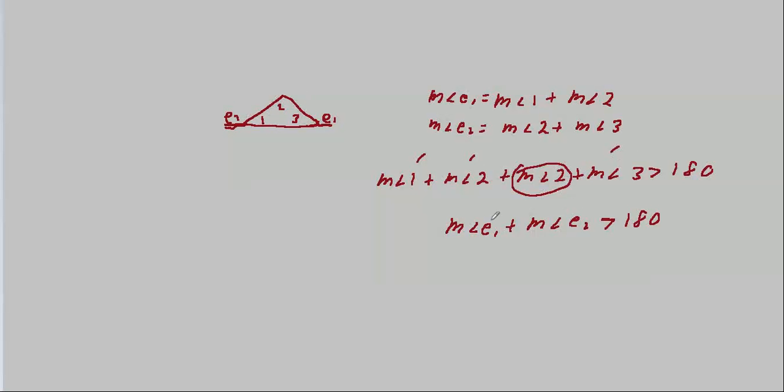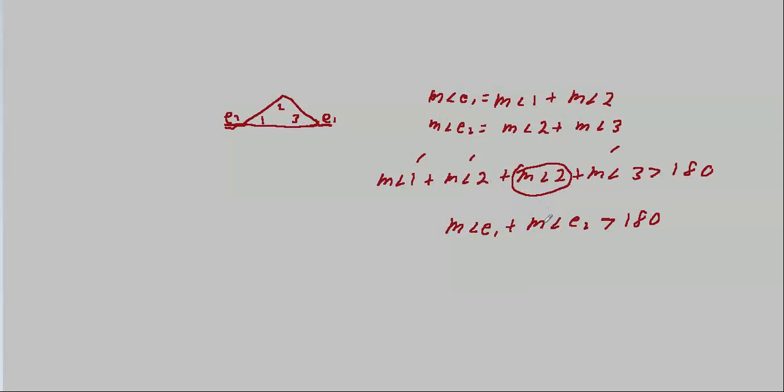But we arrived at this by just adding these two, which means that the sum of the measures of these two exterior angles is greater than 180. So there's no way to break these up such that they are both less than 90 degrees. You can't do it. One of them has to be obtuse.